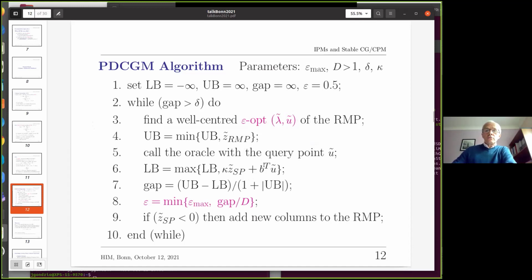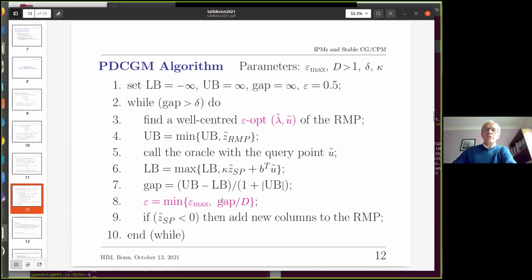If there are columns which have negative reduced costs, they will have to be appended to the restricted master problem. However, we will also play with the accuracy with which the restricted master problems are solved.